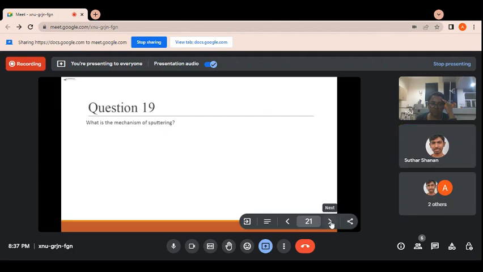Ma'am, sputtering is a deposition technique. Yes, there are three types of physical vapor deposition technique, like sputtering, E-beam evaporation, and thermal evaporation. Sputtering is for deposition of metals. Yes. So what happens in sputtering?